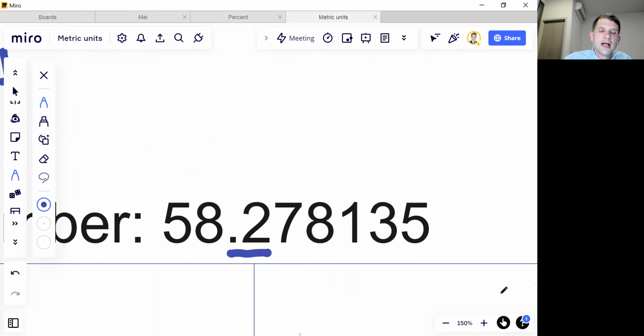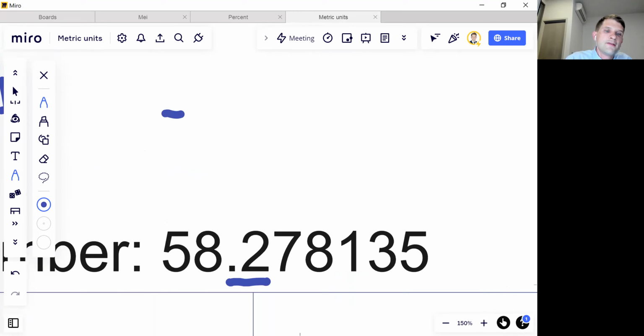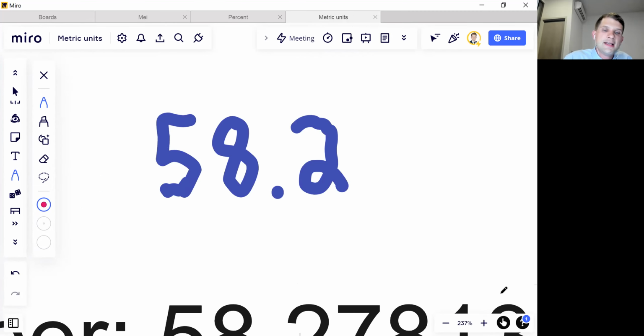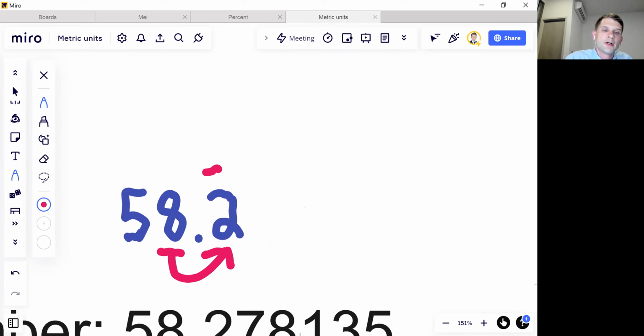And so I'm going to rewrite this as 58.2 for now. Okay. And then our first step is to find the ones digit. So of course that's the 8. And then we look to the right and we see that the 2 is going to be a small number.